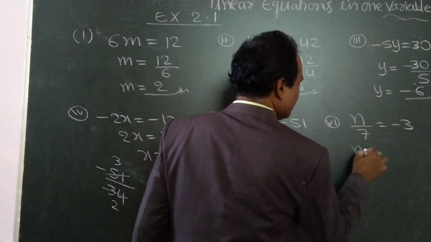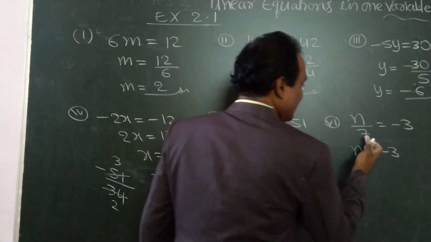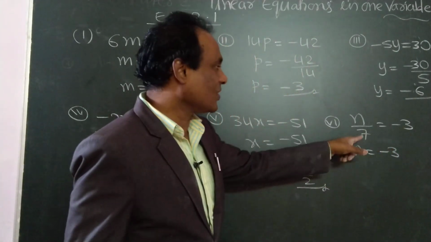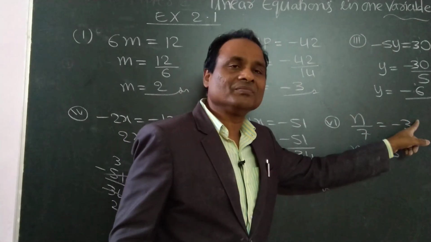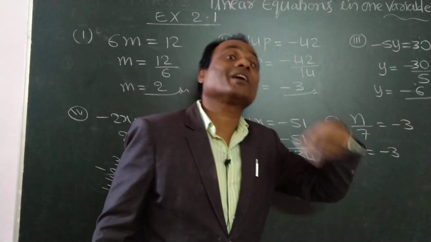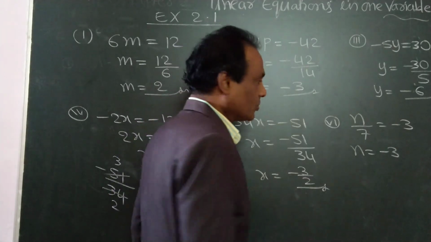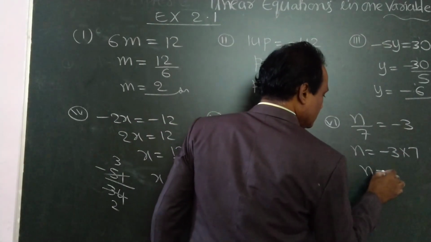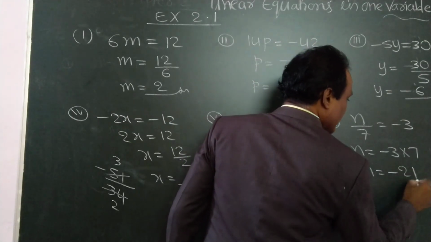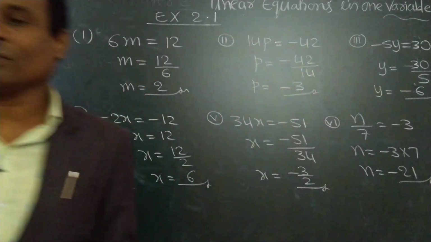Here it is in the denominator, the first time we got this denominator. If you take it to the right side, what will it become? Division will become multiplication. See the notes. Division will become multiplication. 3 7s are 21.